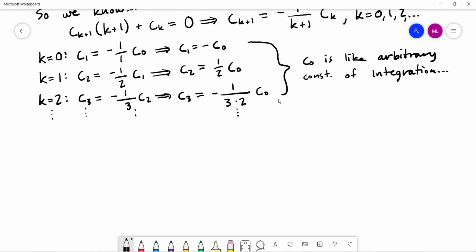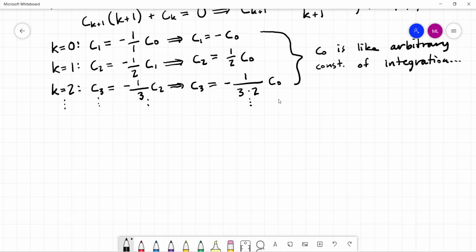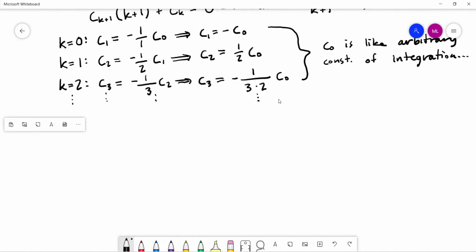And what we've essentially got when we think about this is that our solution takes the following form. So again, just generically speaking, this is the form of our solution.